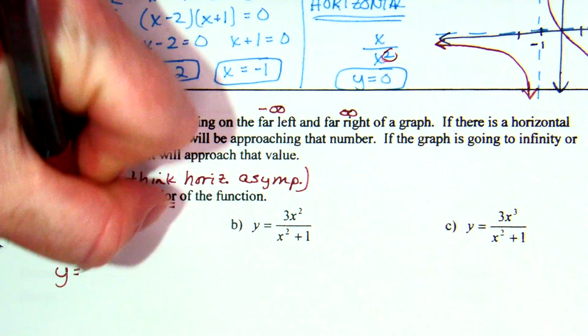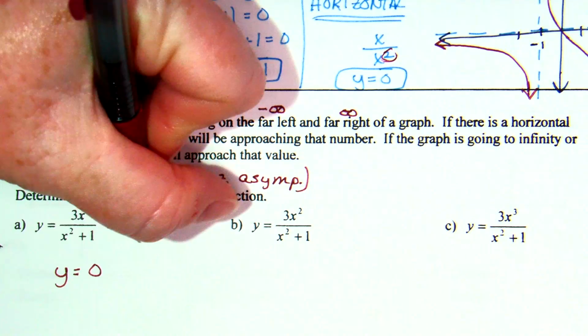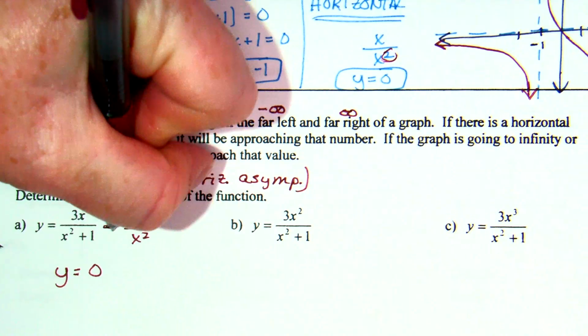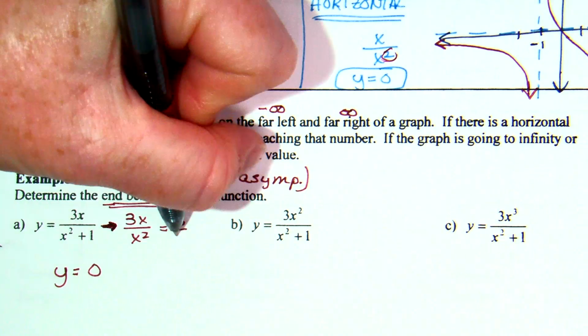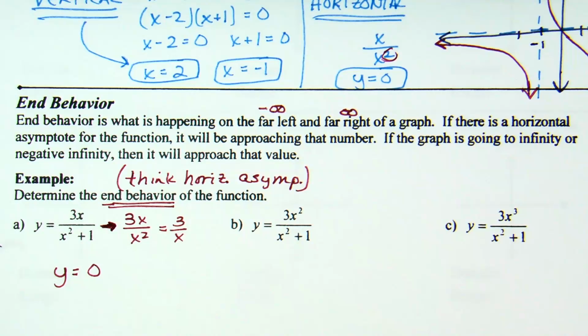Because as we look, it's 3x over x squared that matters there, isn't it? So biggest power on bottom, it's going to be y equals 0. Another way to think about this, guys, is an x cancels, and this ends up being 3 over x. You have that asymptote at x equals 0.